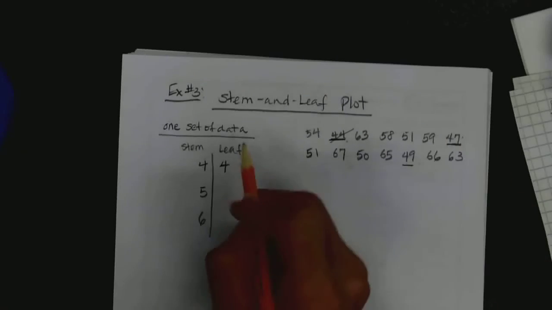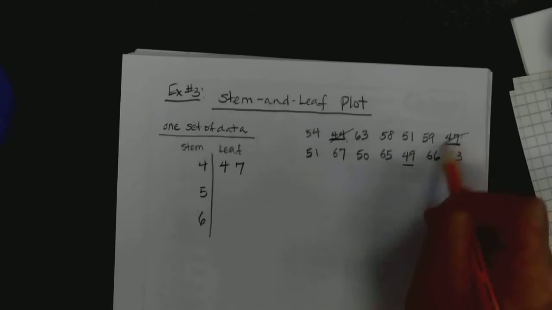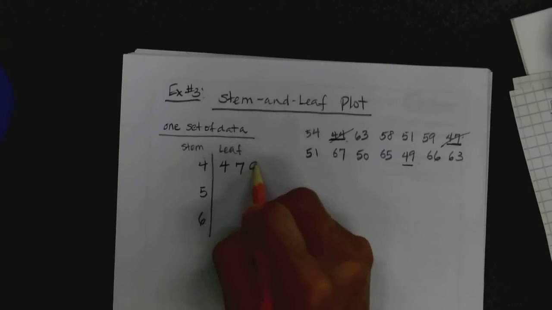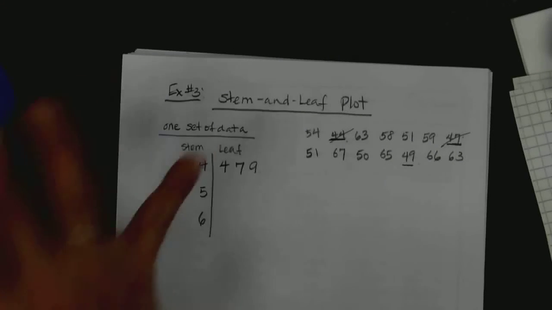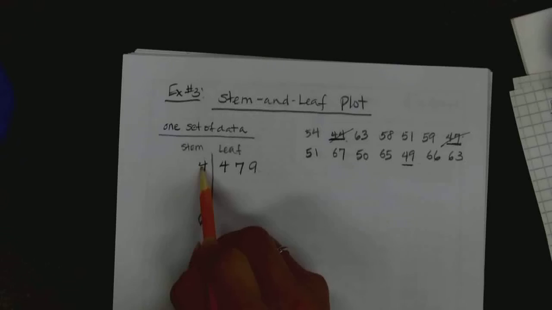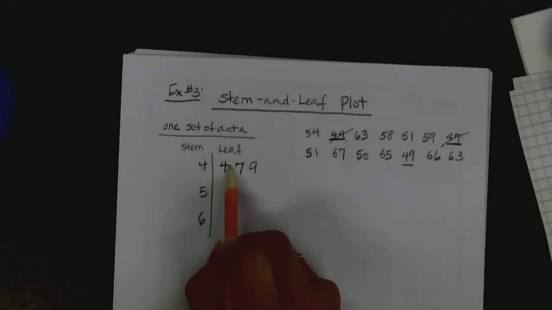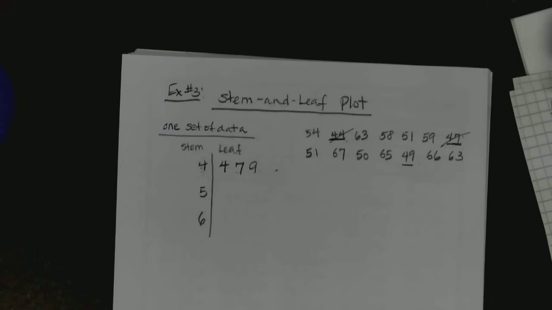Next number would be 47, so 7. And then the next one would be 49. We don't repeat the 4, because the stem tells you it's 44, 47, 49. You just put the end part in there.